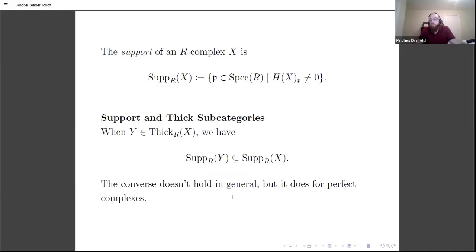And if the ring is not regular, not every complex is perfect. So the converse doesn't hold.